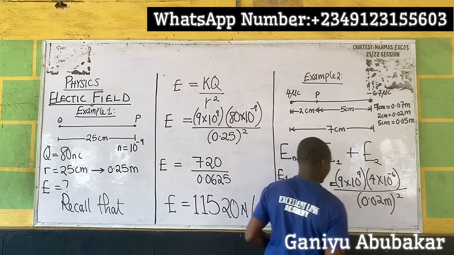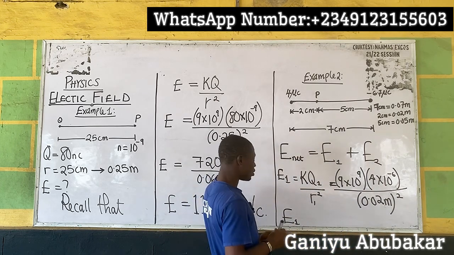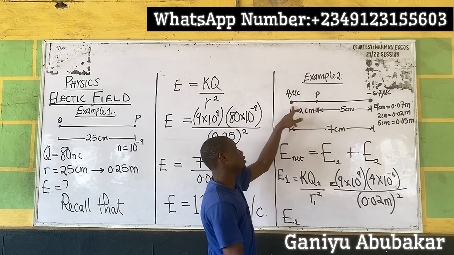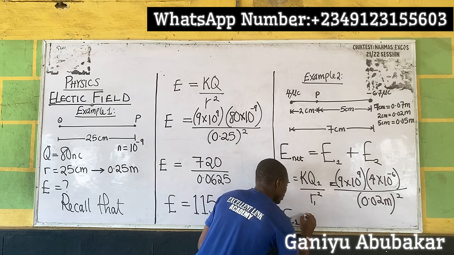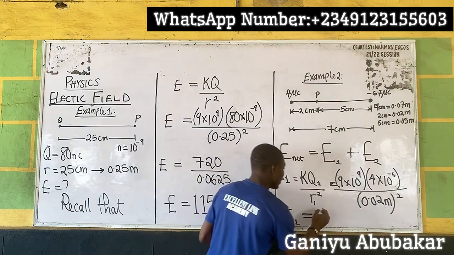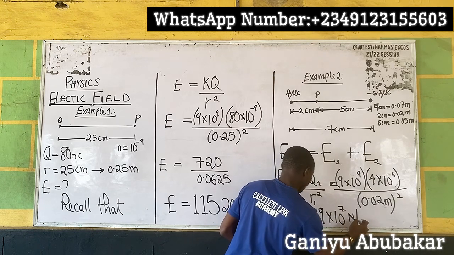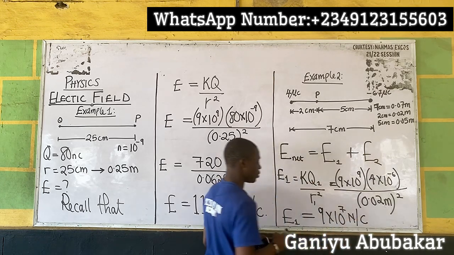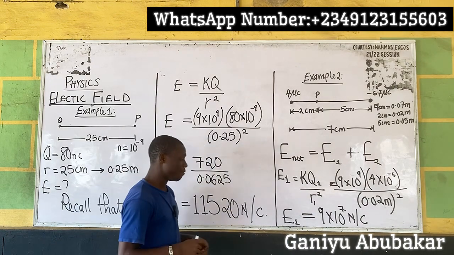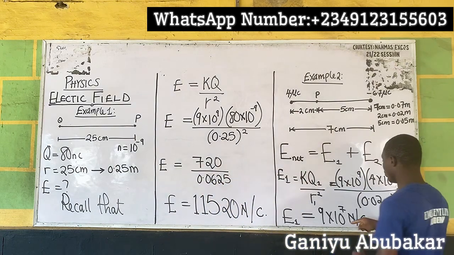So the value for E1, the electric field at point P due to charge Q1, is 9 times 10 to the power 7 Newton per coulomb.